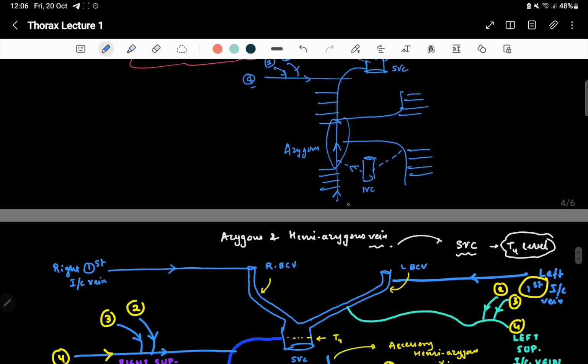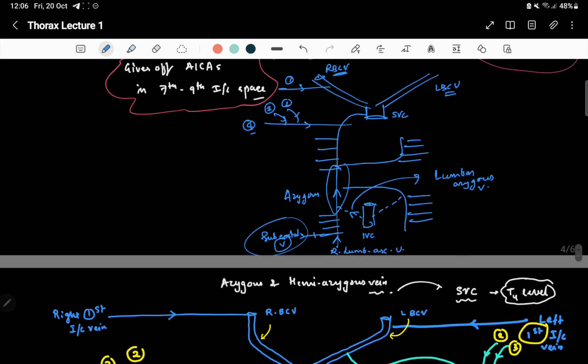It has the contribution of 3 other veins: the first one is the subcostal vein, and another one is the right lumbar ascending vein, and this one is a lumbar azygous vein, this is another lumbar azygous vein, okay.